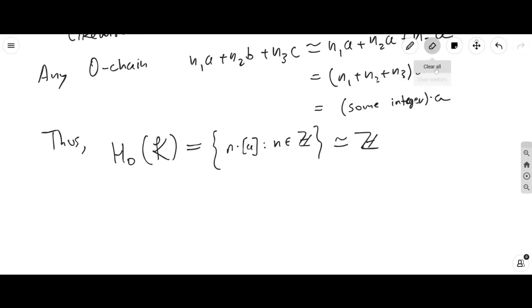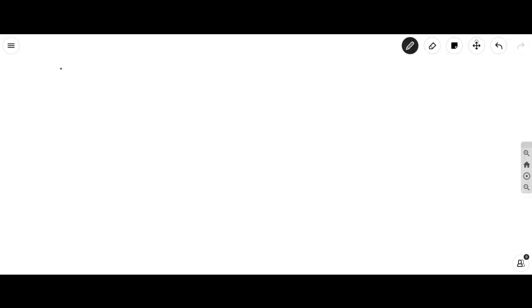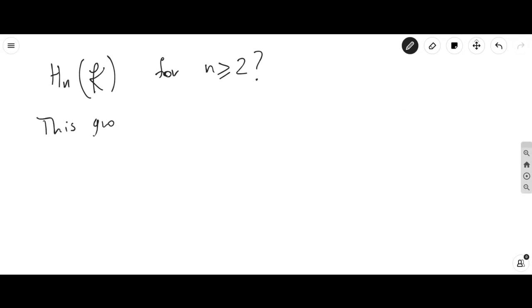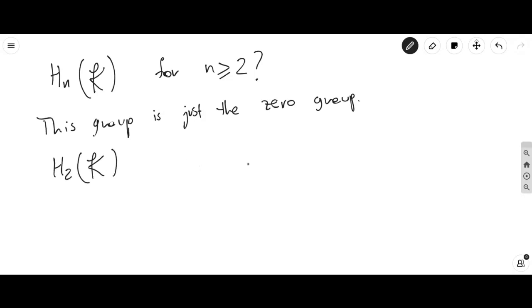Now, before we do H1, let's do H2. So what is Hn of K for n bigger than or equal to 2? And this group is just the zero group. So why is that? Well, let's just do it for 2, and then the same kind of argument will work for any other dimension. Because to find the second homology group, you're going to start at C2.